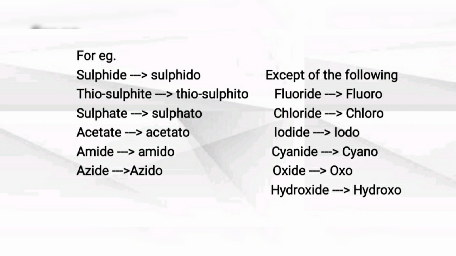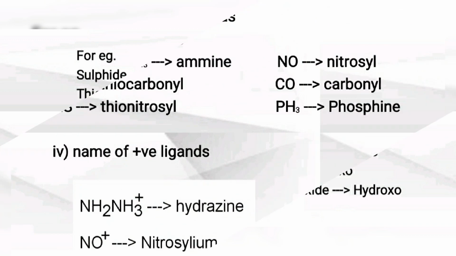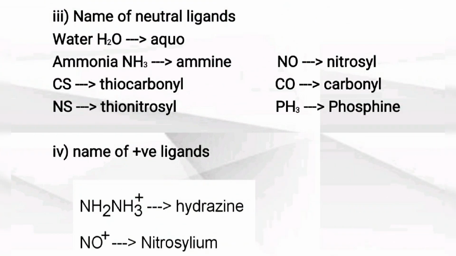While writing the name of a ligand in a compound, we have to change their names as given. For neutral ligands, water becomes aqua, ammonia becomes ammine, CS becomes thiocarbonyl, NS thionitrosyl, NO nitrosyl, CO carbonyl, and PH3 phosphine.